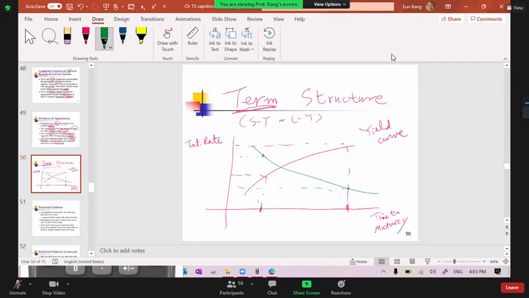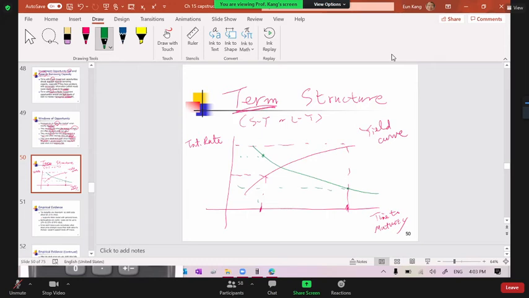If you examine economic history, sometimes inflation is very high. Interest rate includes an inflation premium, so interest rate should be high. Current inflation is very high, so short-term interest rate is very high.